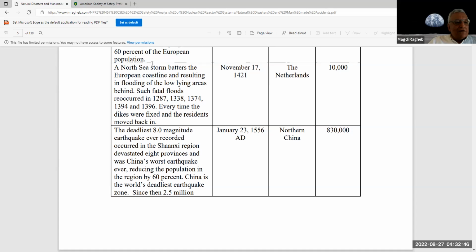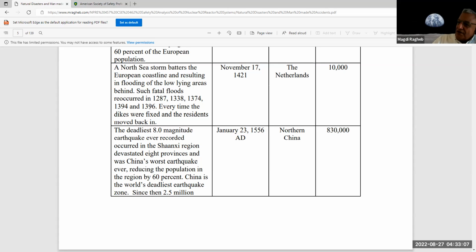In the North Sea, we know that in November 1421 in the Netherlands, a huge storm occurred and flooded the low areas. The Netherlands means the lowlands. The Dutch have acquired their land by drying the marshes along their sea coast.